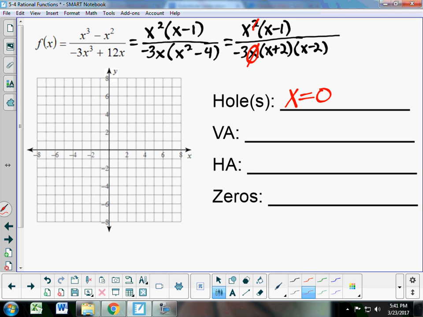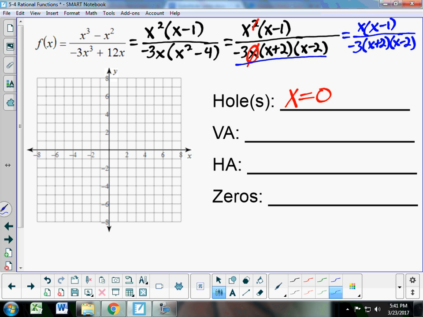Now for the vertical asymptote, remember with the vertical asymptote we set the denominator equal to 0. Let's rewrite this nicely without all those x's or crossing off. Doing a little work here. Hopefully you can still hear me. So then the bottom is negative 3, x plus 2, x minus 2.